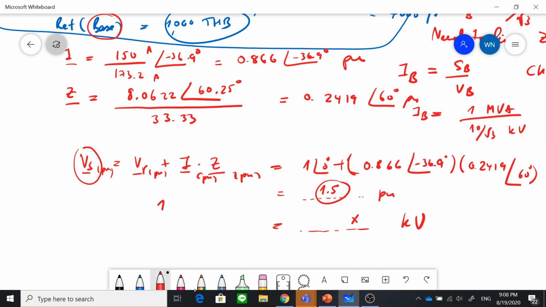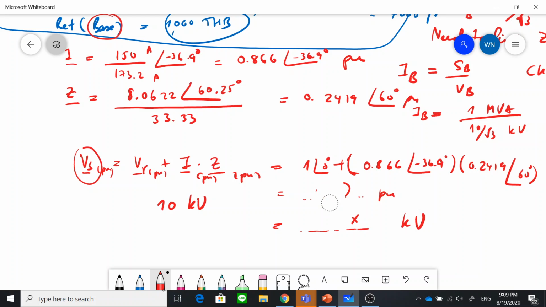If my base is, for example, a simple number, 10 kV, how much is the voltage of 1.5 pu? 100% or 1 per unit is 10 kV, and I have 50% greater than the base, so I have 15 kV. This 15 kV comes from 10 kV times 1.5.